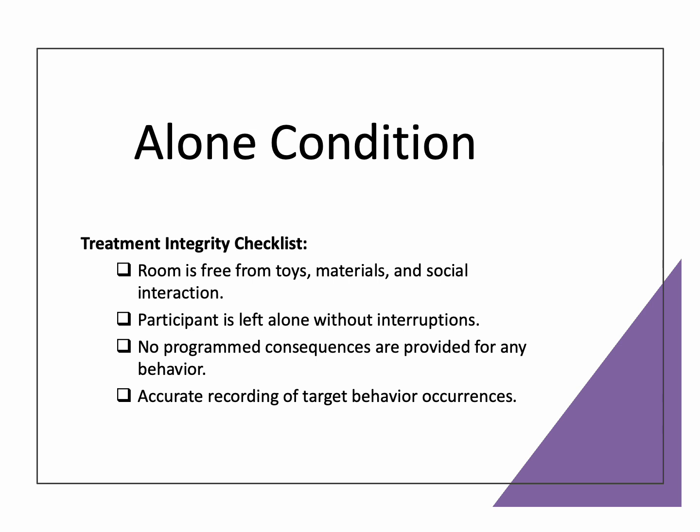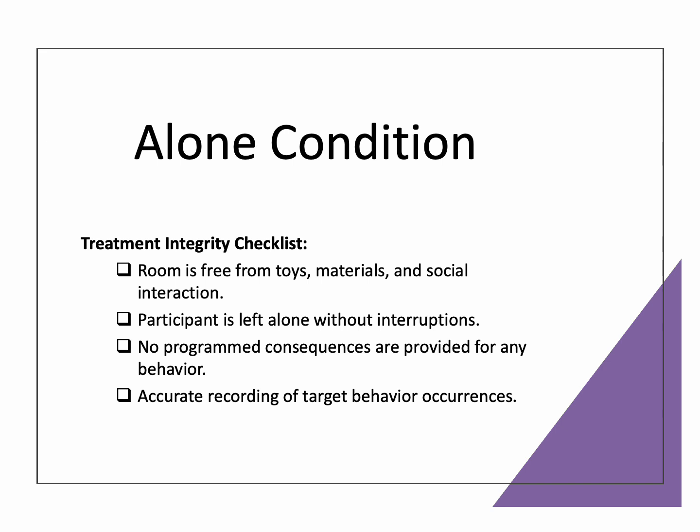Let's review now a treatment integrity checklist for an alone condition. You want to make sure that the room is free from toys, materials, and social interaction. You want to make sure that the participant is left alone without interruptions. And like I said, this will vary depending on who's conducting the alone condition.